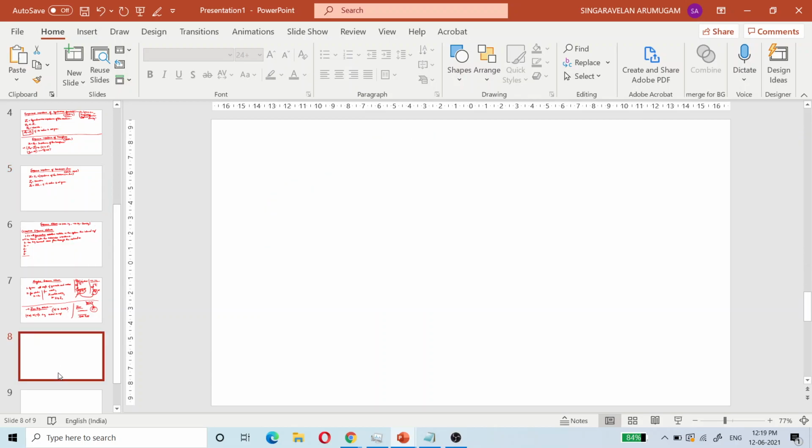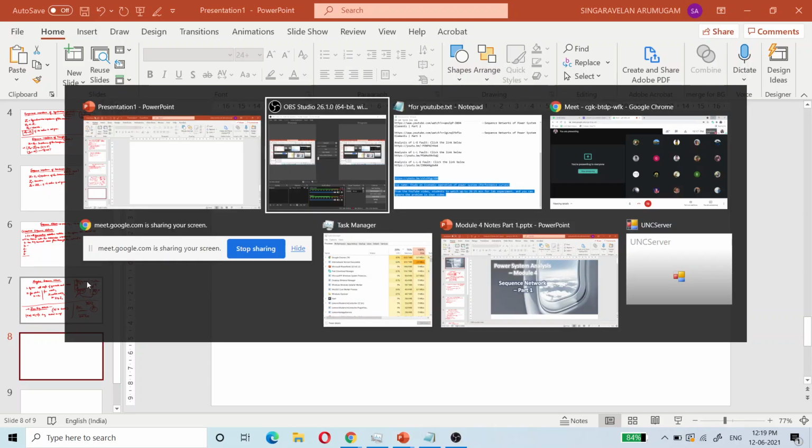So today we will go through the positive sequence network once again with an example. For this generator, we are going to see how the sequence network will be formed or drawn.